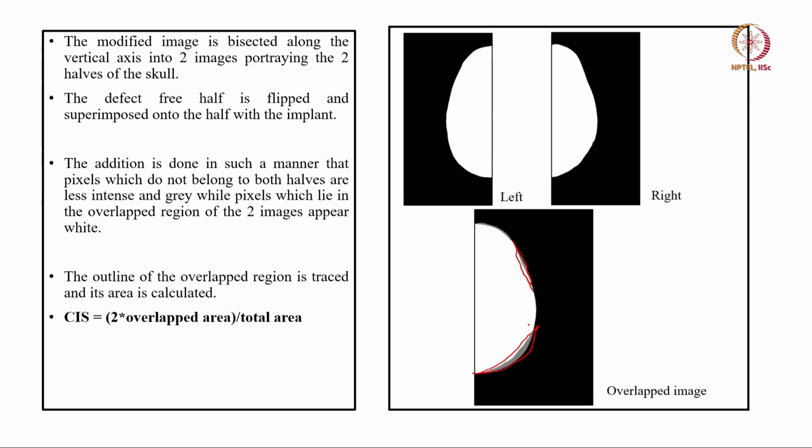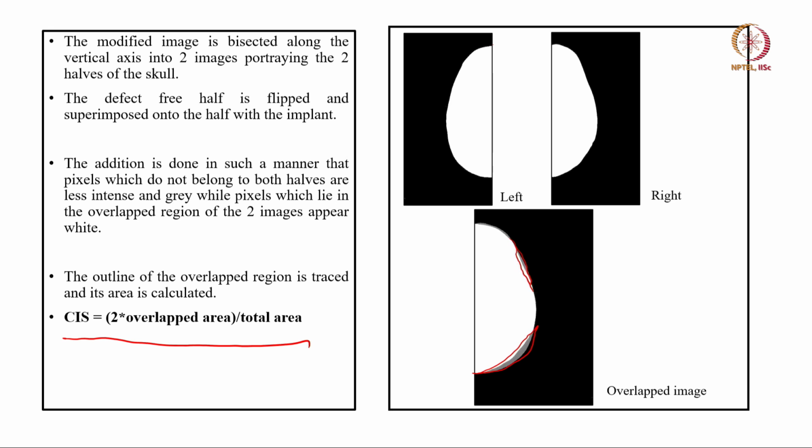Although the area fraction of this kind of place is much less, it is clinically important. The modified image is bisected along the vertical into 2 images, and then CIS is essentially defined as 2 times the overlapped area divided by the total area.